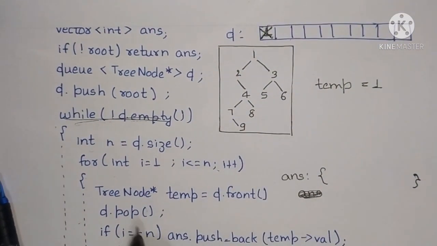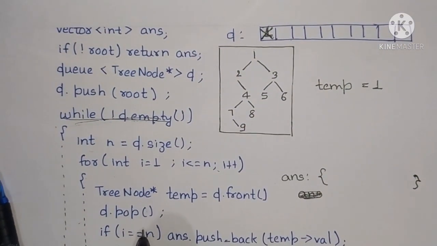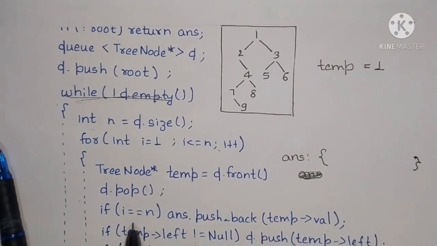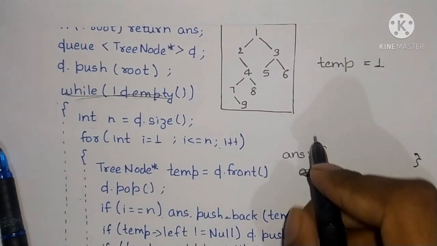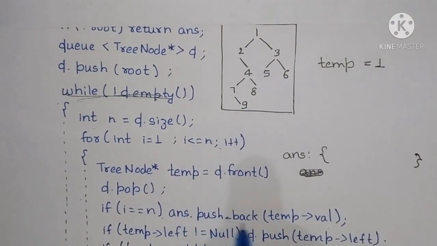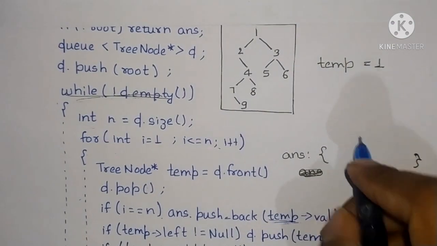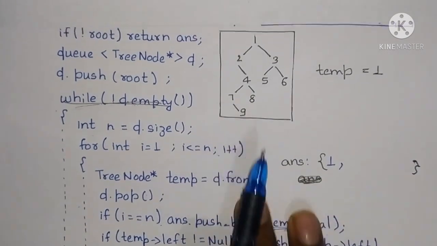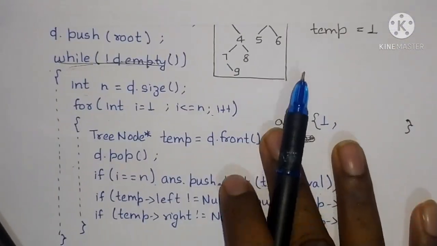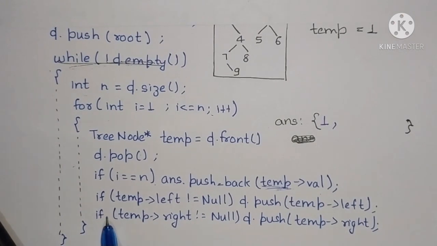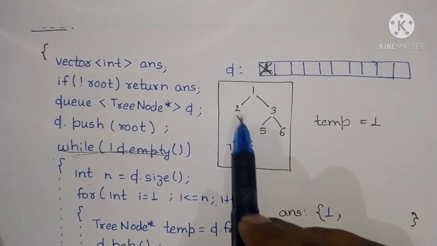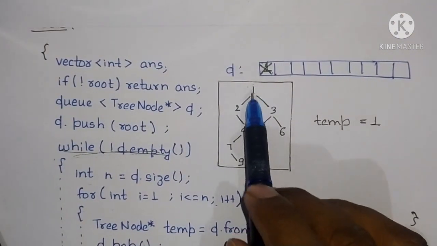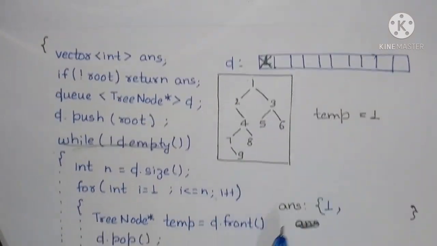Then if i equals n, and in this case i equals 1 and n equals 1, we push this temp variable into our answer. So our answer has 1 now. Then these two statements push the children of the current node into this queue.